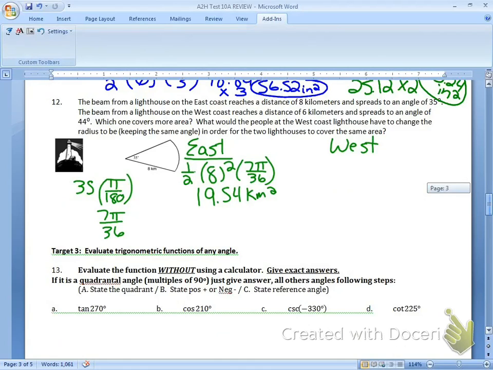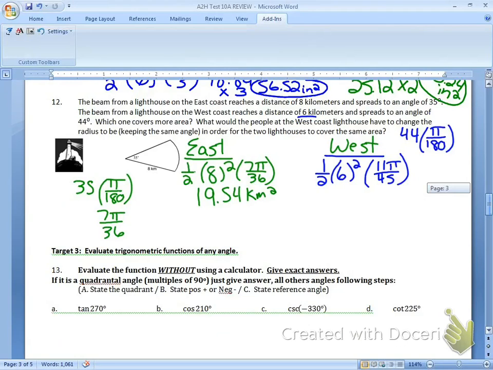We're going to do the same thing for the west coast. We're going to have 1/2. Our radius this time around is 6 kilometers, so 6 squared, and an angle of 44, so we need to convert the 44 degrees. And we convert that, and it is 11 pi all over 45.